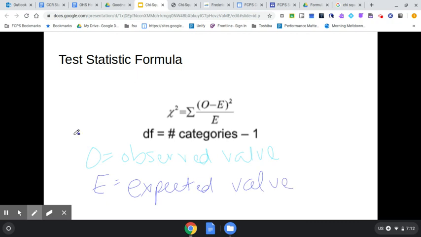Because we normally have more than one category, we would add those values up once we calculate for each category in the distribution. So you're going to repeat this (O minus E) quantity squared over E for every single category that you have, and then you would add up those values.